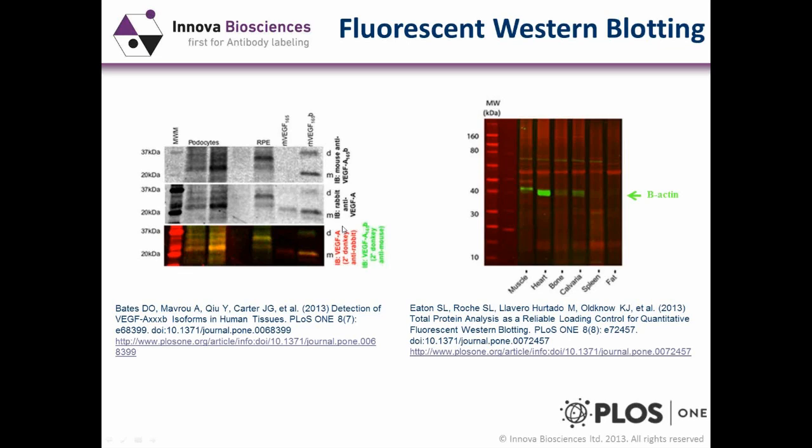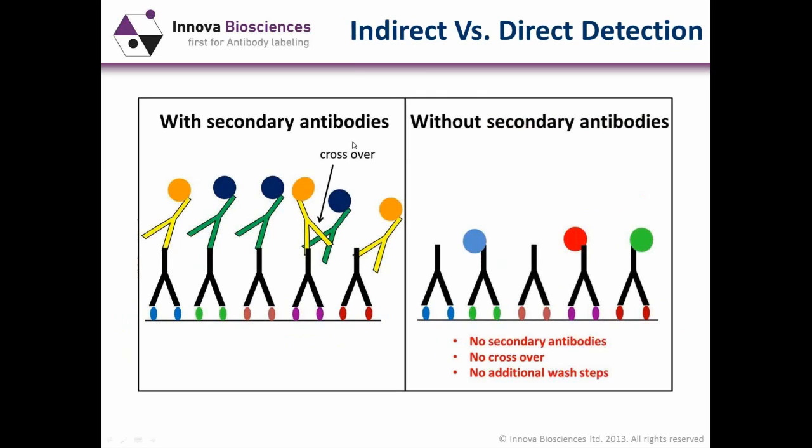So one of the powerful things about fluorescent Western blotting is that you can probe the same membrane to detect 2 different proteins at the same time. A really powerful offering. The downside is a situation where you have secondary antibodies used against the same species. For example, here we have several different proteins which you want to detect on your membrane, all raised in the same species.